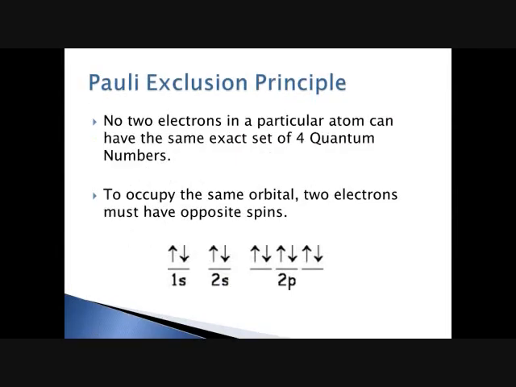Okay, so the first rule is the Pauli exclusion principle. This is what we're going to be doing, okay? So notice how the atomic orbitals, the 1s, the 2s, the 2p, those are the atomic orbitals, and we are filling in electrons as arrows to show how many arrows or how many electrons are in each orbital, okay? Pauli exclusion principle tells us that no 2 electrons have the same exact set of 4 quantum numbers.